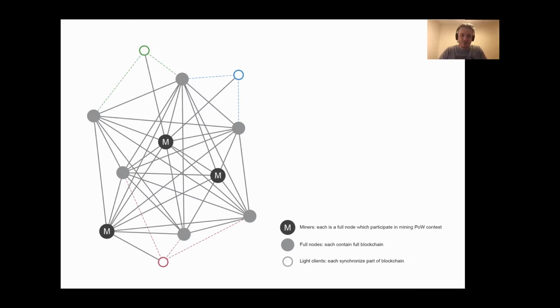And this was solved by creating the blockchains, where each of those nodes would try to verify independently the veracity of the information for the next transaction.